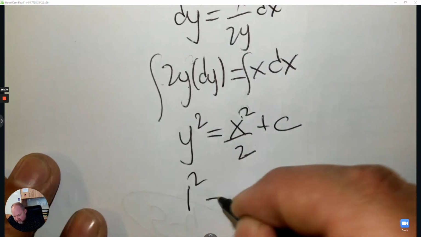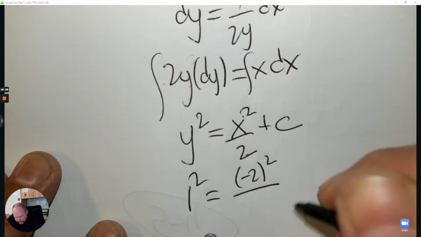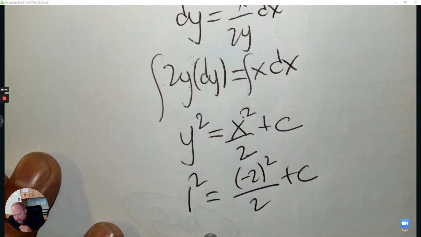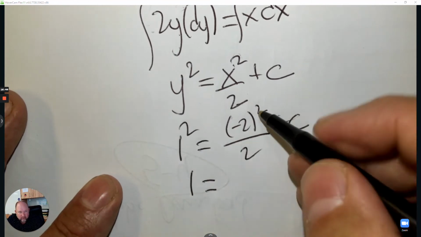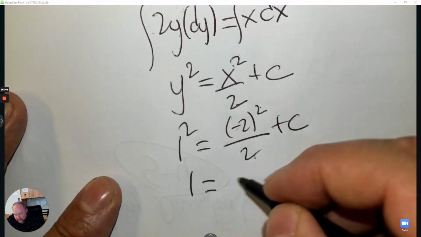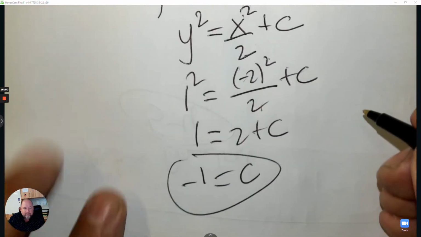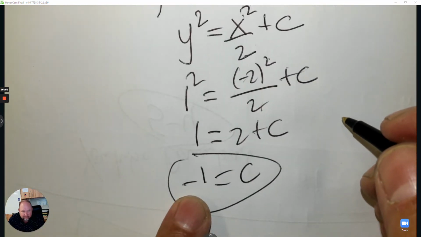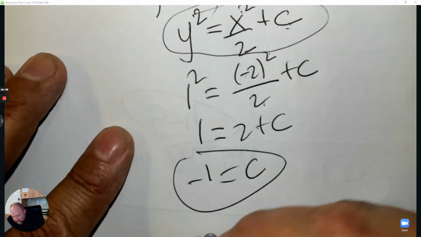I'm going to plug 1 in for y, plug negative 2 in for x, and then solve for c. So 1 squared is 1. 4 divided by 2, easy peasy. Subtract 2. C is equal to negative 1. Come back here to this step and put in what c is.